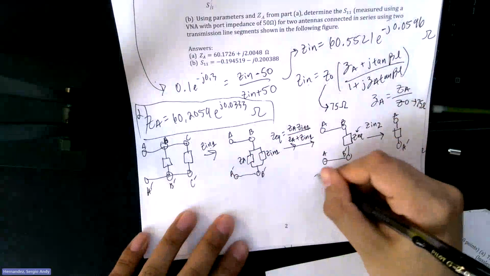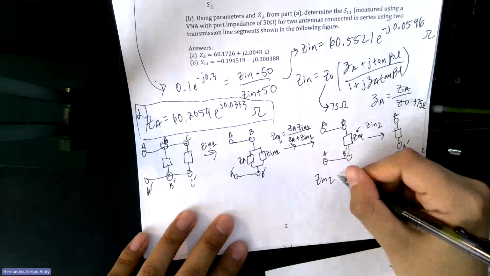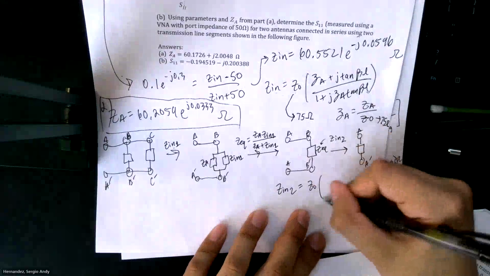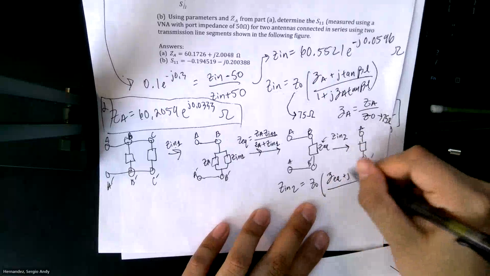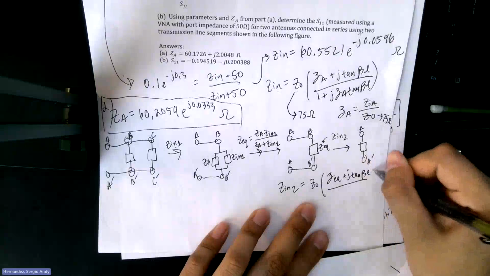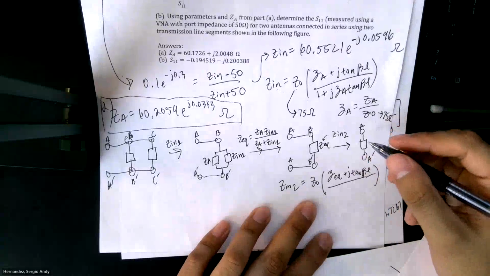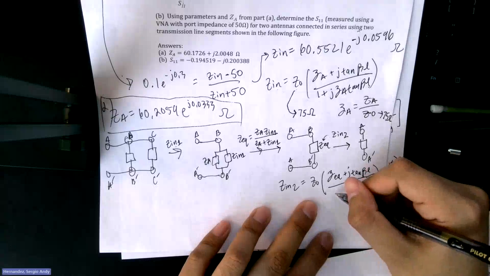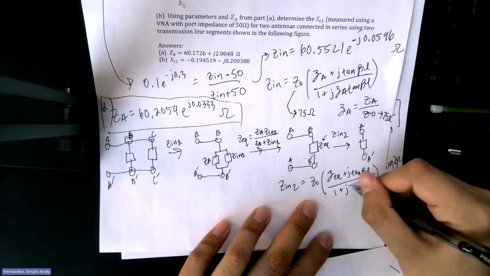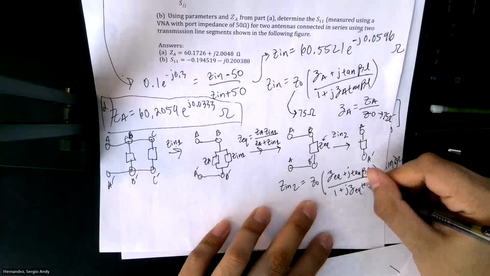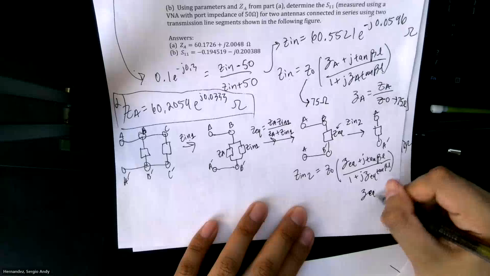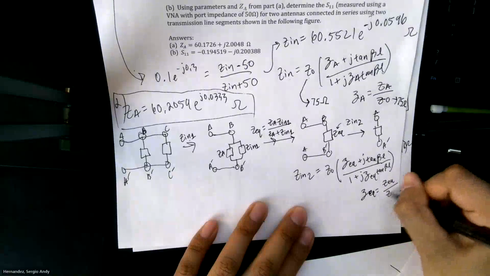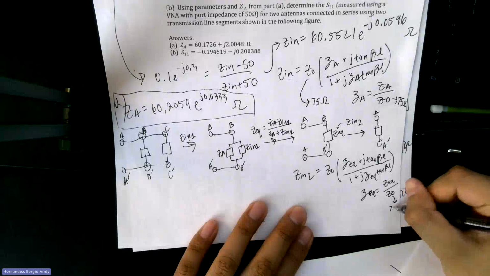So what that would look like is your Zn2 would be your Z0, your ZEQ plus j tangent beta L, over Z0 plus j ZEQ tangent beta L, right, where ZEQ is equal to this, and this Z0 is equal to 75 ohms, right?